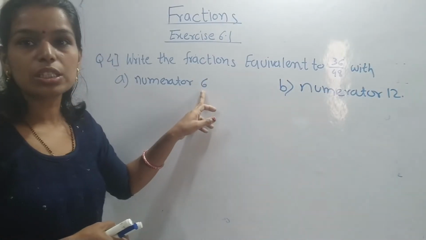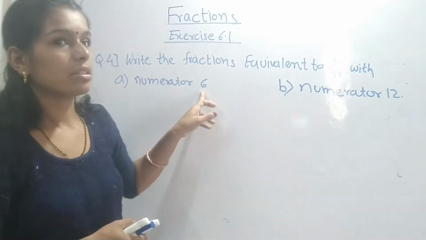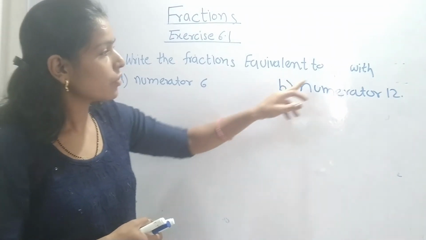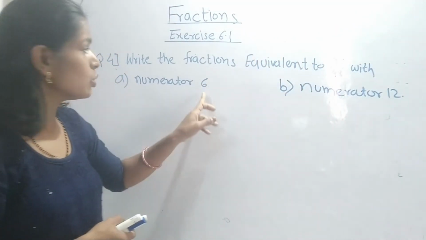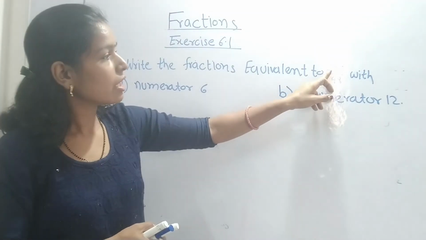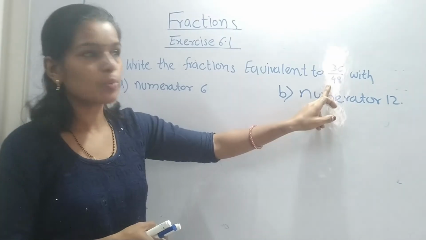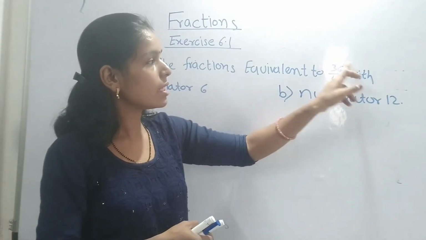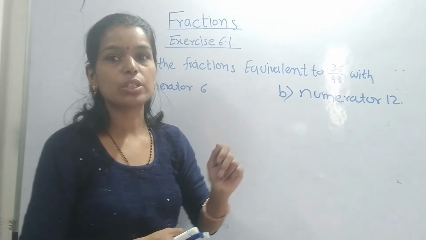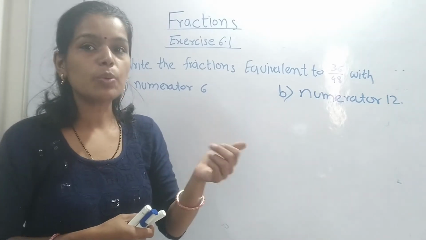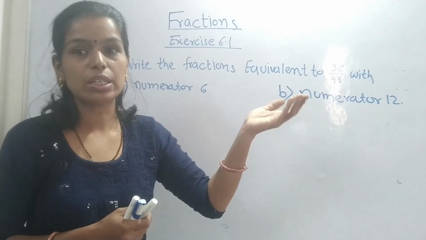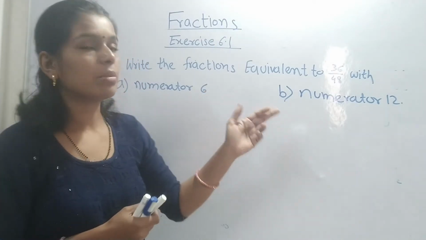Here 6 is less than 36, means the equivalent fraction should be smaller than this 36 upon 48. Here also this 12 is less than 36. So to obtain the lesser number, it is not possible to multiply. If you multiply 36 upon 48 by some numbers, then you will always get bigger numbers. So to get the smaller number, we have to divide.